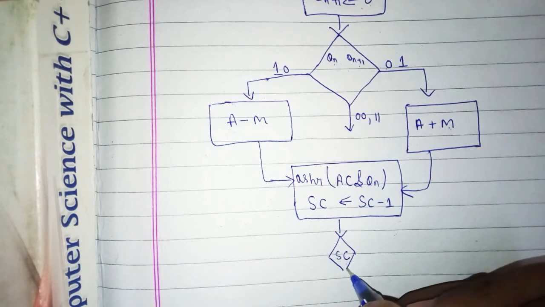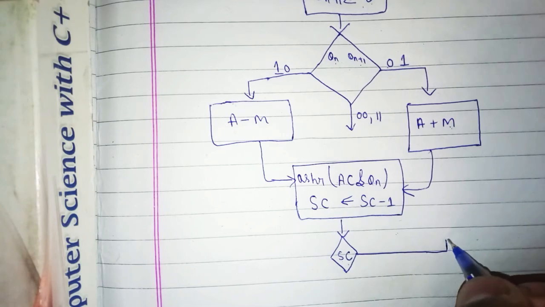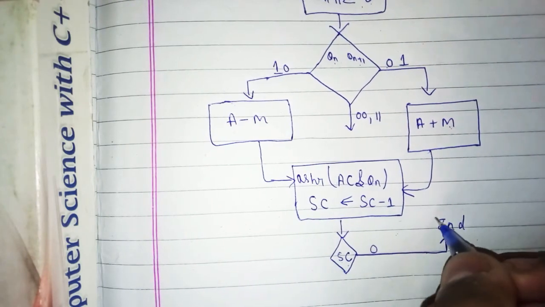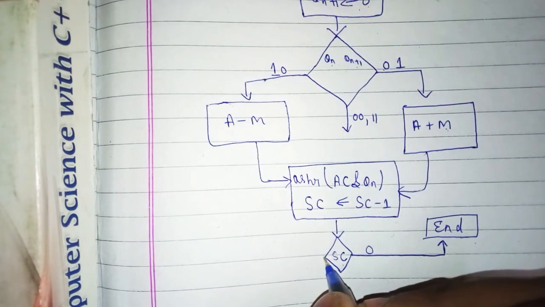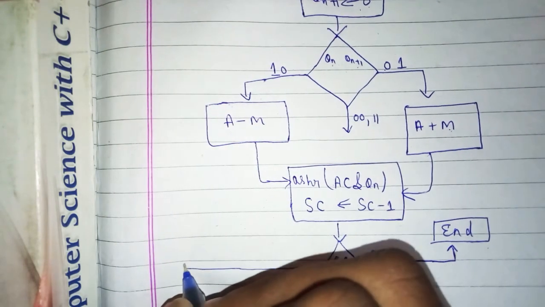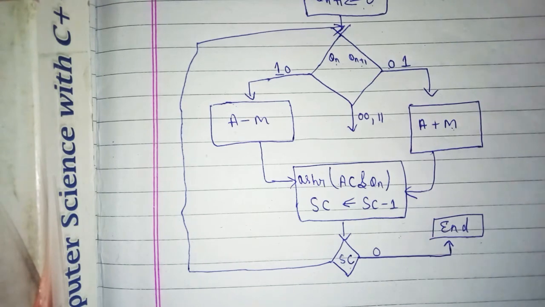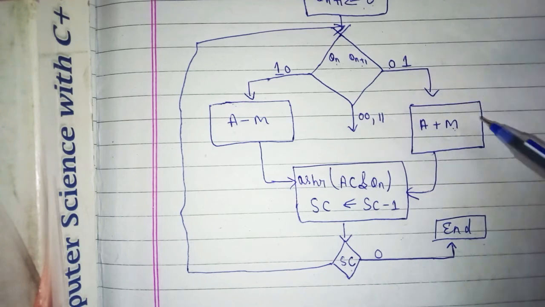If the sequence counter points to 0, that means our program has to end. But if it is not equal to 0, then again it will go back, the values will be checked again, and this operation will be performed again and again after that. Okay, so this is the flowchart for Booth algorithm.